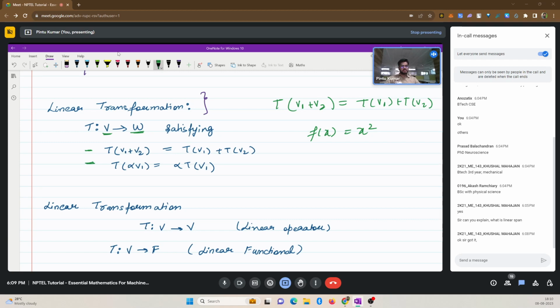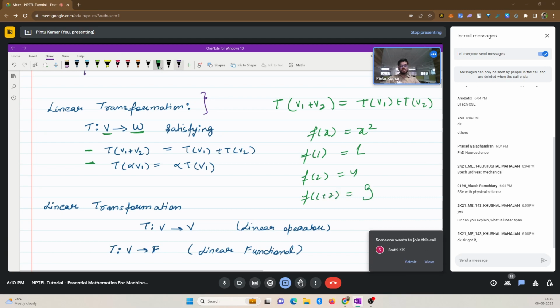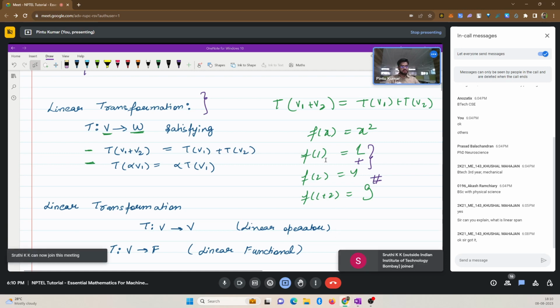If you take f of 1, this is 1, f of 2 is 4, but if you take f of 1 plus 2, it is f of 3, that is 9. So if you sum these two things, this is not equal to the function of the sum. Any function that satisfies this property is called a linear transformation. These are the two important properties that you need to remember.